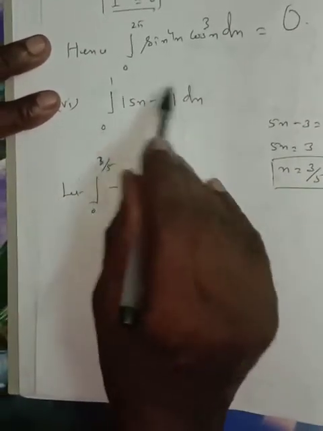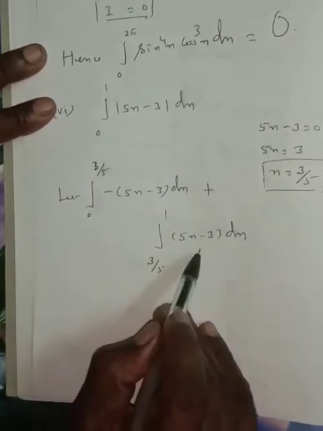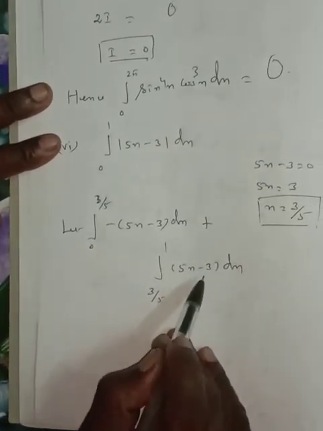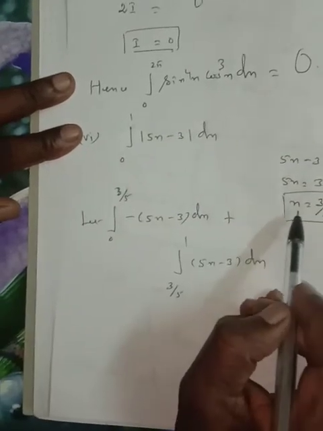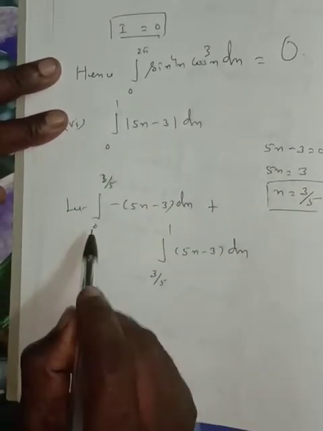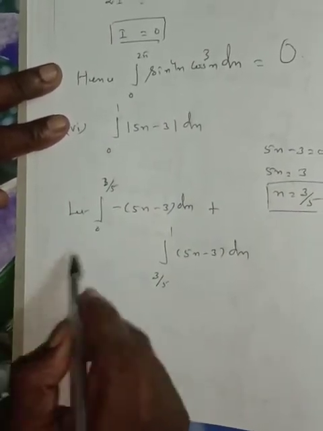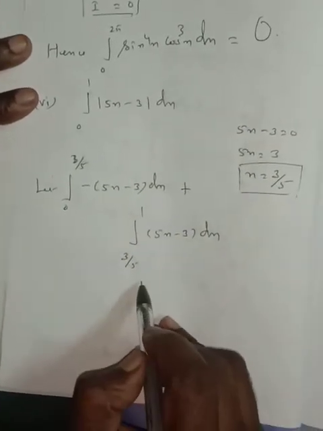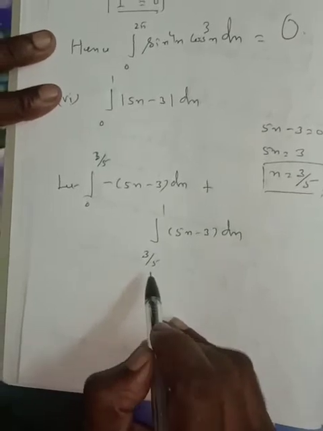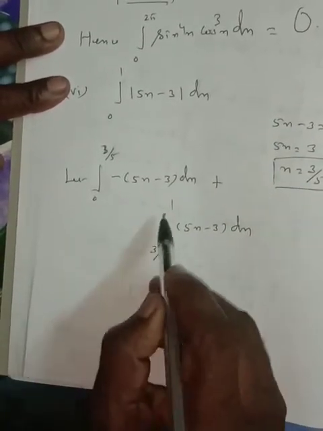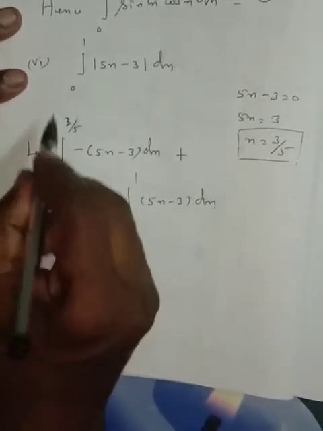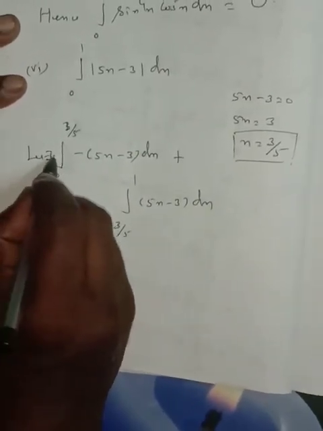The given f of x is split into two parts, one negative, another one positive. The limit in between is x is equal to 3 by 5. Therefore integral 0 to 3 by 5 of negative f of x plus integral 3 divided by 5 to 1 of positive 5x minus 3 dx. This is I.